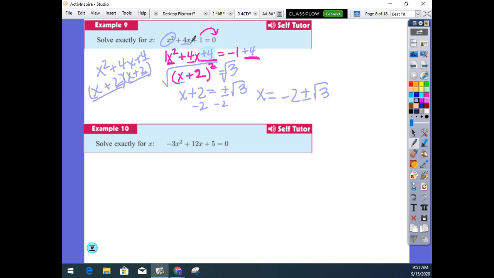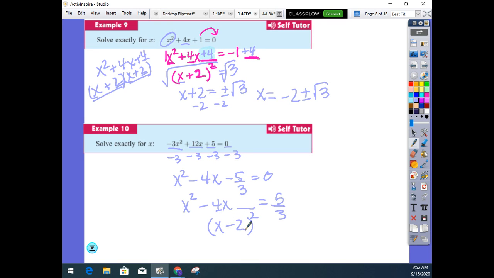What's the first thing you notice? x squared does not have a coefficient of 1. So the first thing we have to do is divide everything by negative 3. Okay. Then we're going to move our constant over, leaving room to complete the square. Take half of the middle, and 2 squared, plus 4 to both sides.